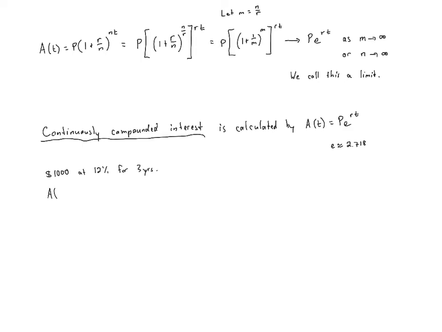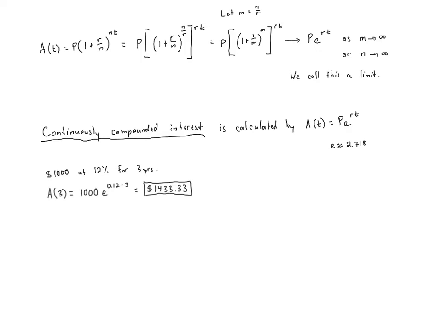So here our amount after 3 years is going to be given by the formula P, which is 1,000, times e to the rt. r is 0.12, t is 3. And if we use a calculator to calculate this, we will get an approximation to the nearest cent of $1,433.33.